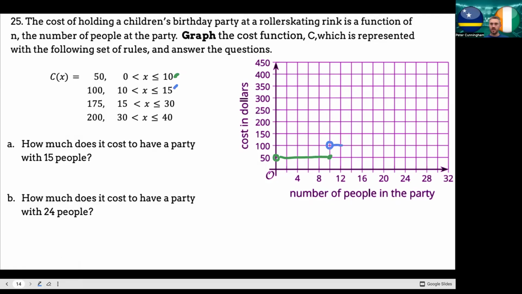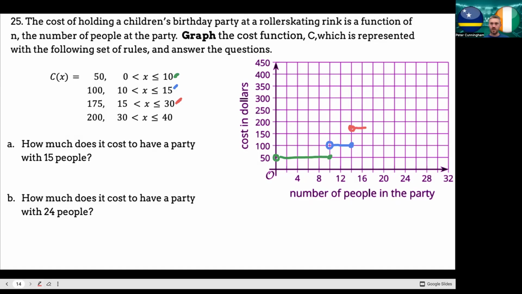Do that until you get to 15 people. If more than 15 show up, as soon as that 16th person shows up, you need to be at 175, which is right in between 150 and 200. Oop, that should be an open circle.